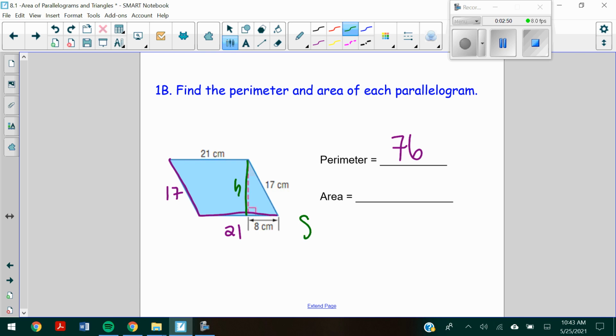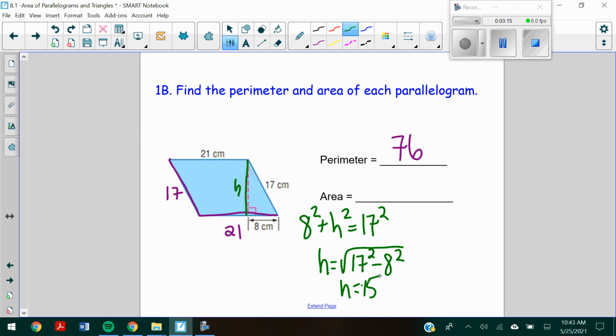So we can use Pythagorean theorem to help us find our height. So we have talked about shortcut typing this into your calculator by taking the square root of 17 squared minus 8 squared. And we can do that because we have the h on that one side. So my height ends up being 15.